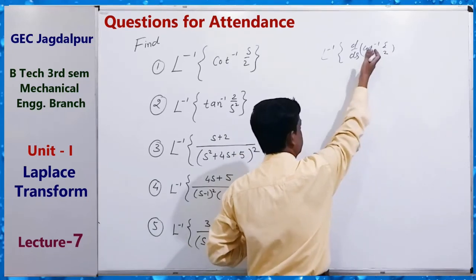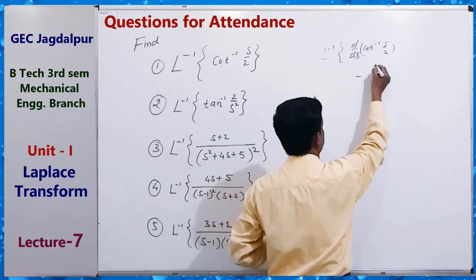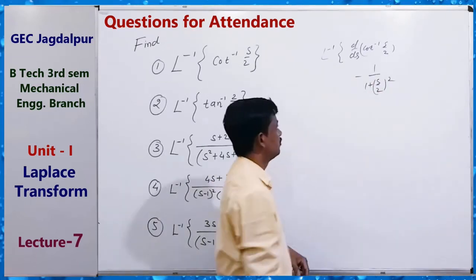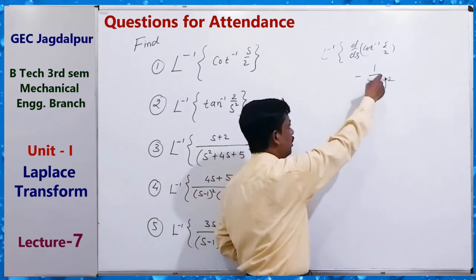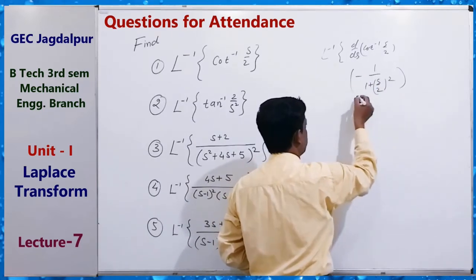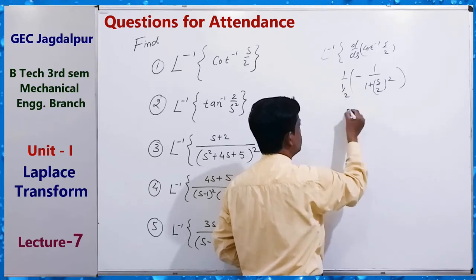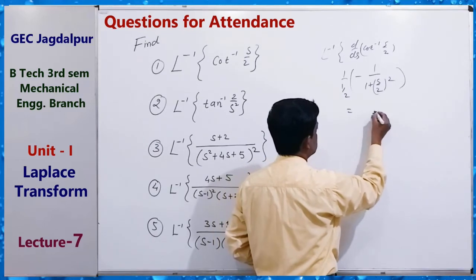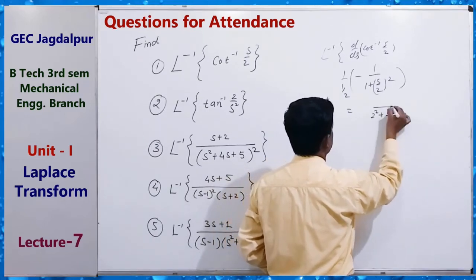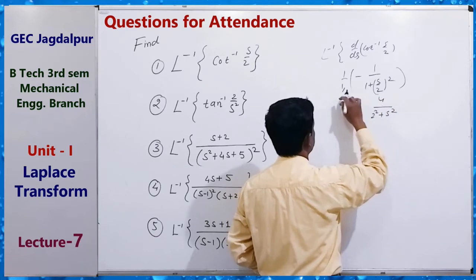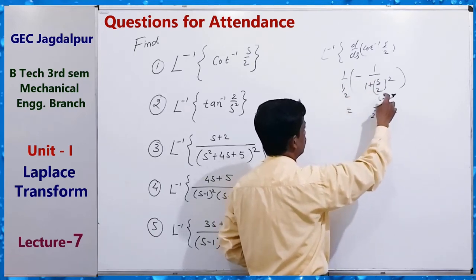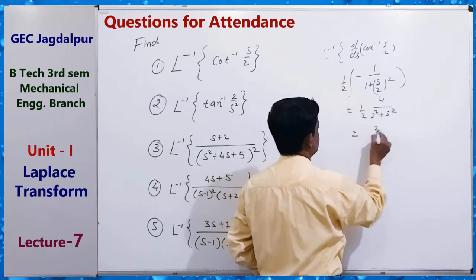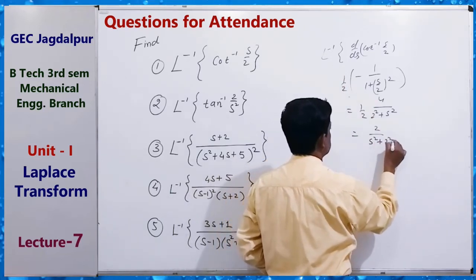So we can differentiate it. Differentiating gives minus 1 upon 1 plus s by 2 square, and then 1 by 2 as well. So this equals 2 by s square plus 2 square.